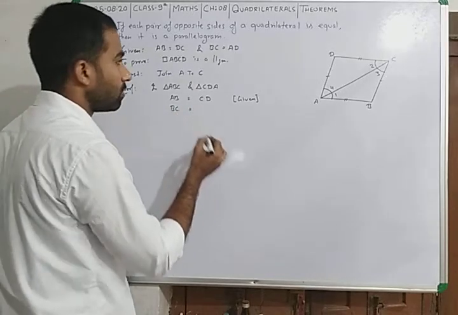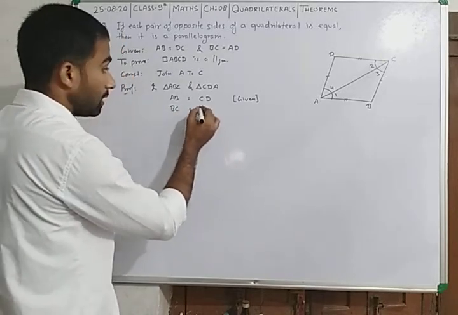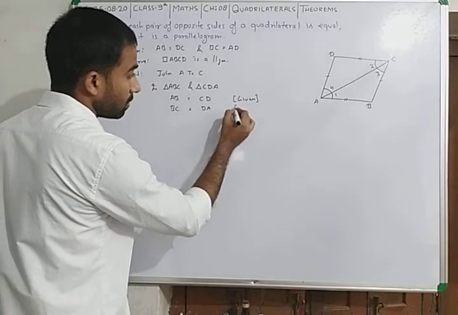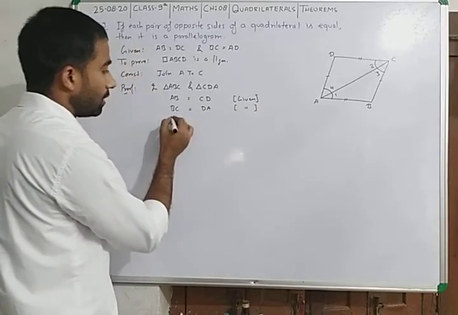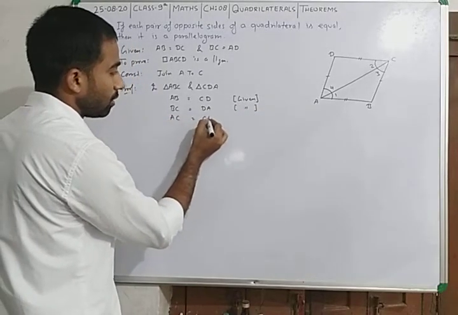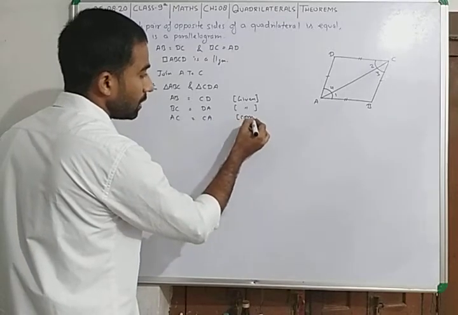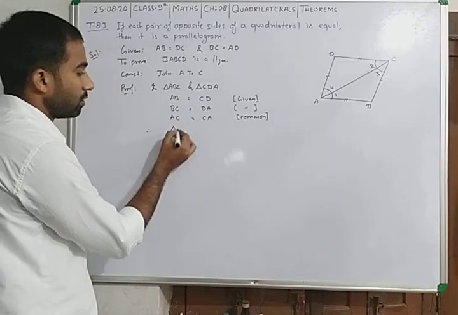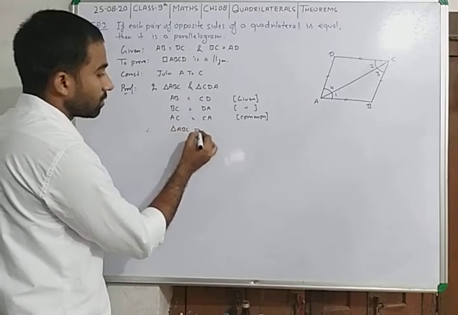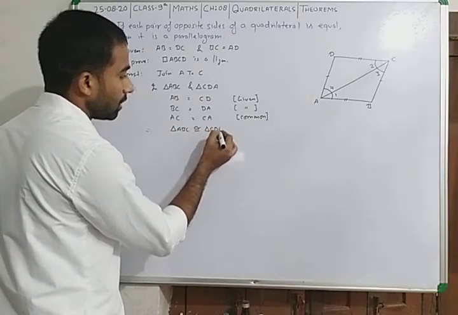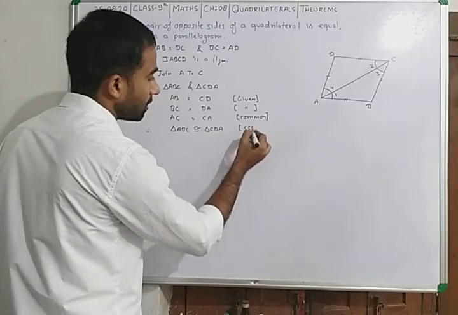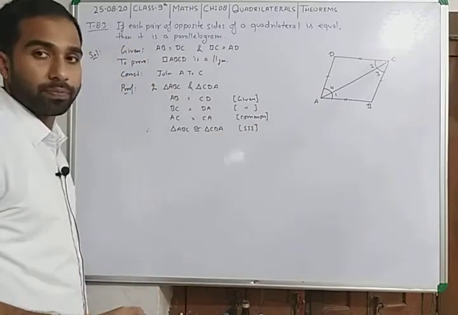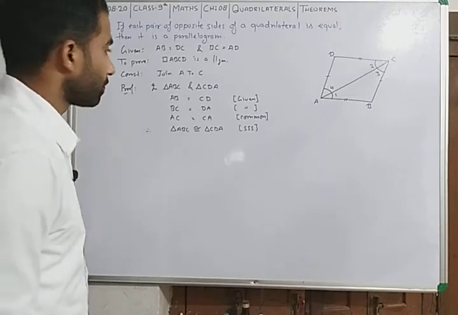BC is equal to DA, it is also given, and AC is equal to CA, it is common. So therefore triangle ABC is congruent to triangle CDA by side congruency rule. I hope you understood here.